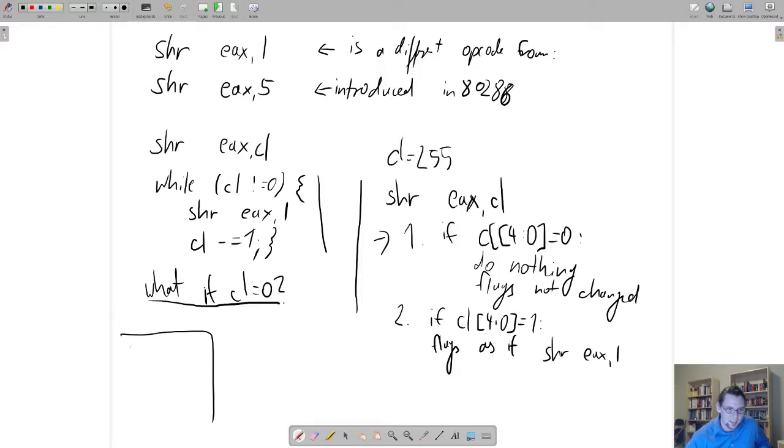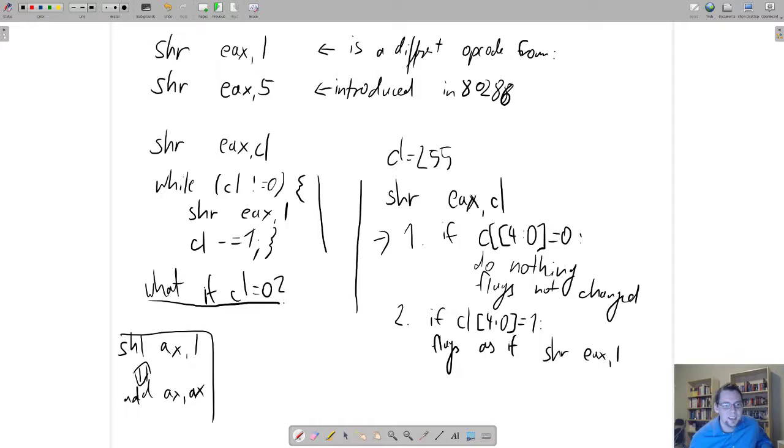It turns out, this is one more of these weird things: shift left of, let's do the 16-bit version, AX, 1. It was just executed as add AX, AX. That's what it turned into internally. So this thing here sets the carry and overflow bits as if it was an add. And the shift right variant and the rotate right variants do something equivalent, where they set the carry and the overflow bits in a particular way.